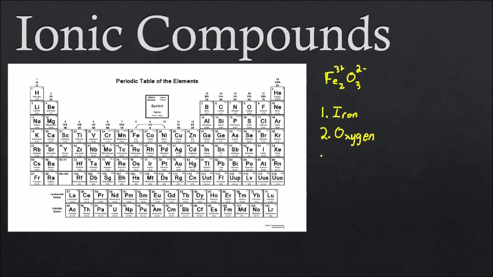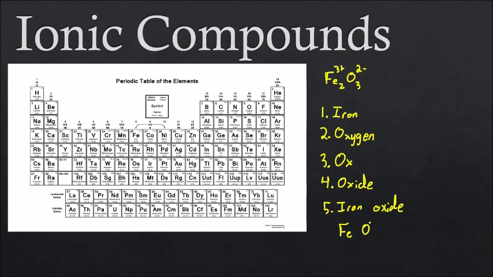Then we want to drop off the ending again and just keep the stem, and add the ending IDE, so it would be oxide. So now we would have iron oxide.